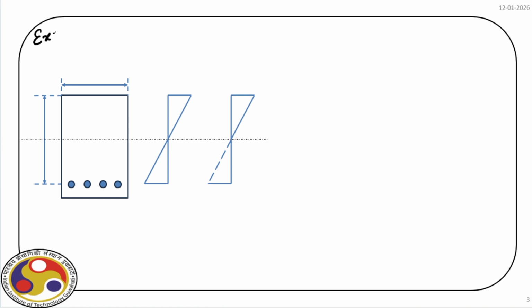So, our first example is for a rectangular beam of size BD, and again, the strain profile is linear. So, we have a modular ratio based design.